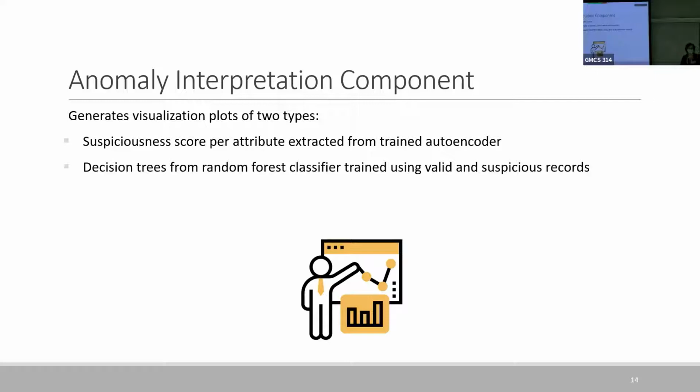Using that labeled data, we were able to train a random forest classifier, which is a supervised learning technique, to generate some decision trees, and decision trees are human readable. So these are easier for a human or domain expert to understand the kind of rules that are violated by the anomalous data.